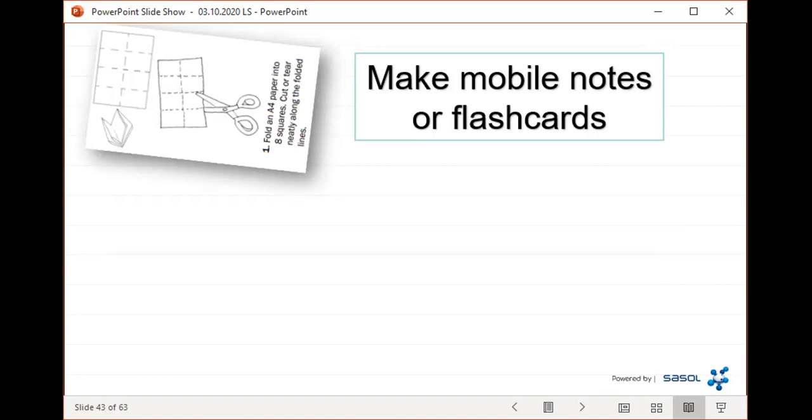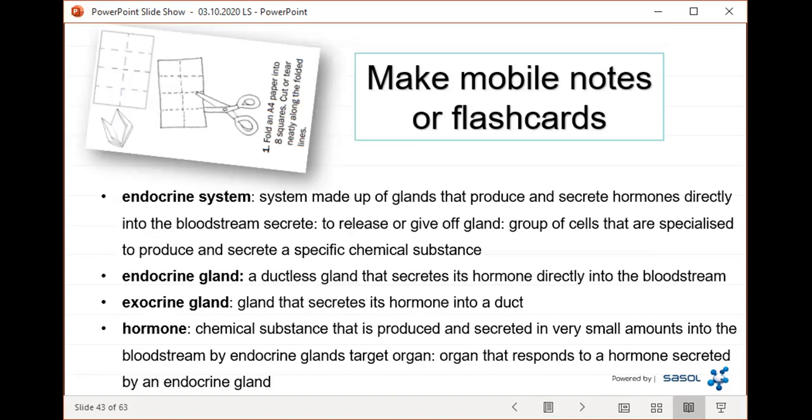Some of the biological terms, or rather all of the biological terms that we covered in this topic, would be: endocrine system; endocrine gland, which is a ductless gland that secretes its hormones directly into the bloodstream; then we have exocrine gland, a gland that secretes its secretion into a duct.